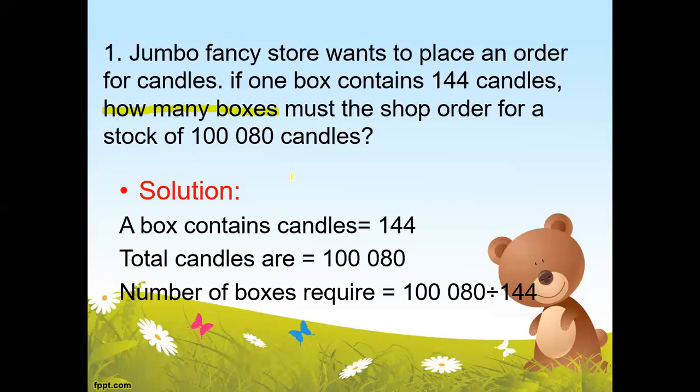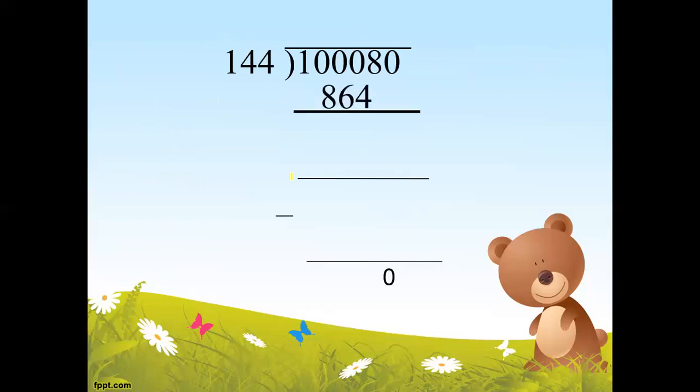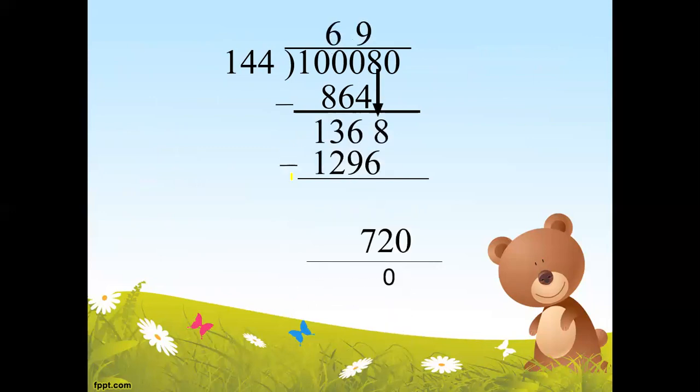So when you divide 100,080 by 144, you can see here the division, but you must try it by yourself in your notebooks to get the correct answer. Here is just a hint for you that you can solve it in this way, but it would be better if you first try it by yourself and then look at the solution.